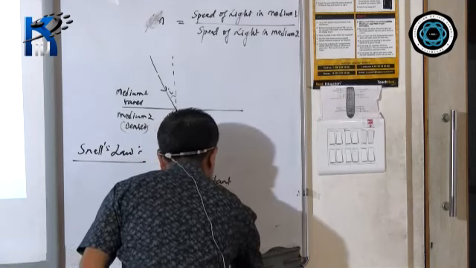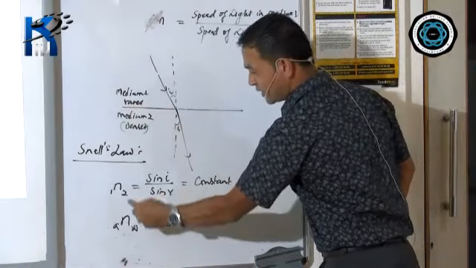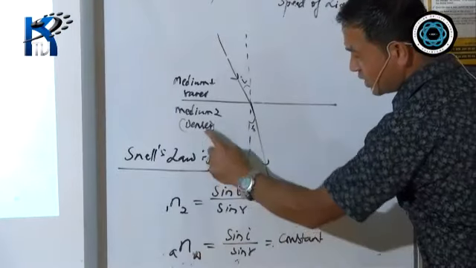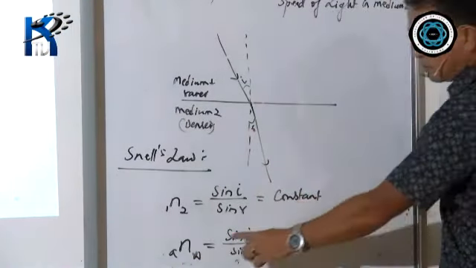Constant. So just take the case. Rarer medium, if I take as air, this is air or vacuum, and if I take water as a denser medium, then it measures the refractive index of water with respect to air and is given by sin i by sin r, which is a what? Constant. So this relation measures the refractive index of water with respect to air.